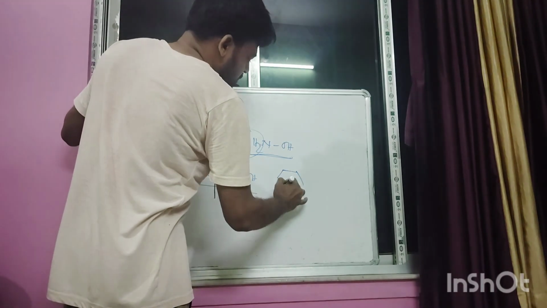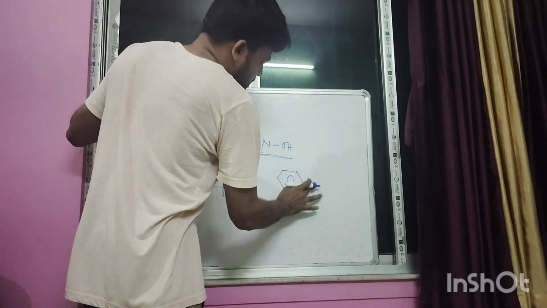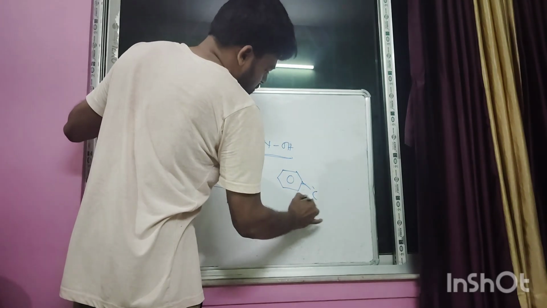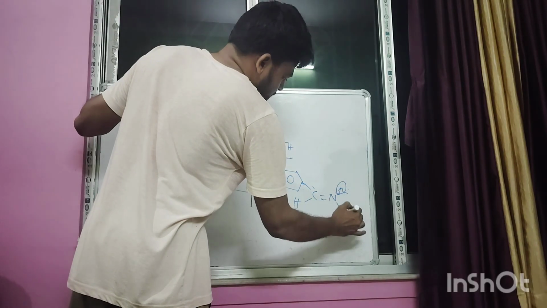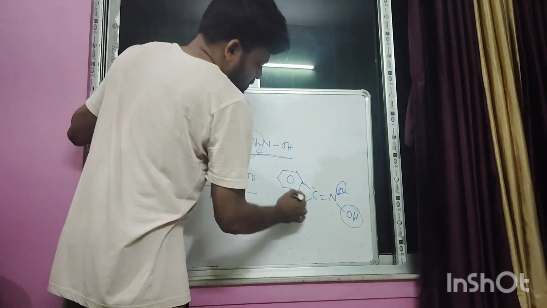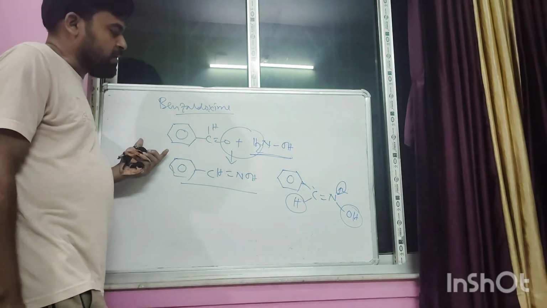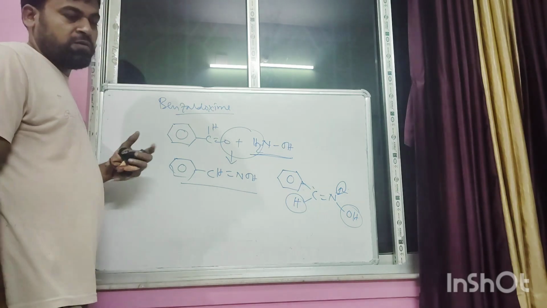Here benzene ring and CH double bond N, lone electron pair, and OH. In the case of benzaldoxime, we have to consider the positions of H and OH.